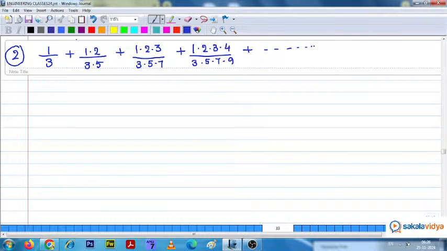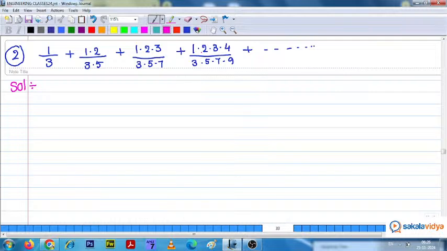Okay, so now let us proceed for the solution. Right here 1, 2, 3 and 4 and so on n, that means in the numerator there is also a product of terms.